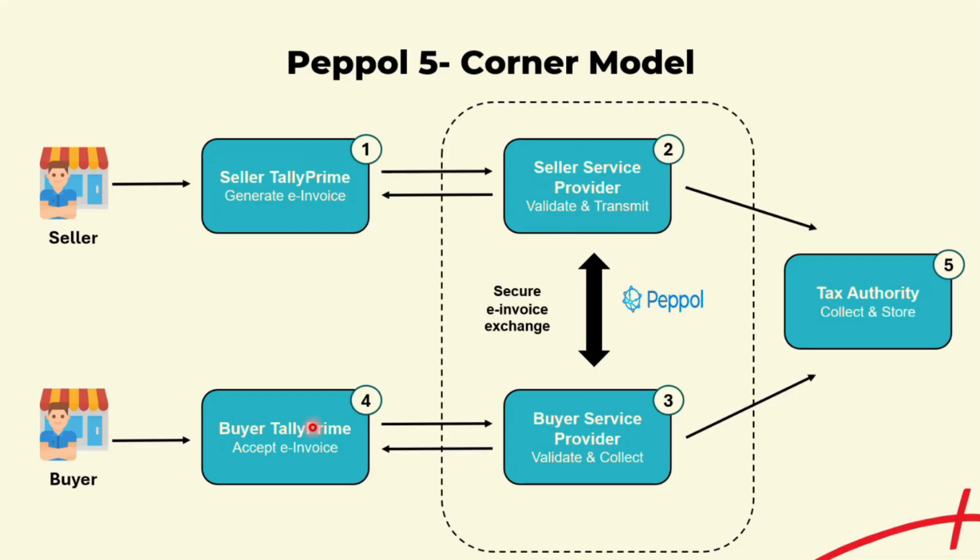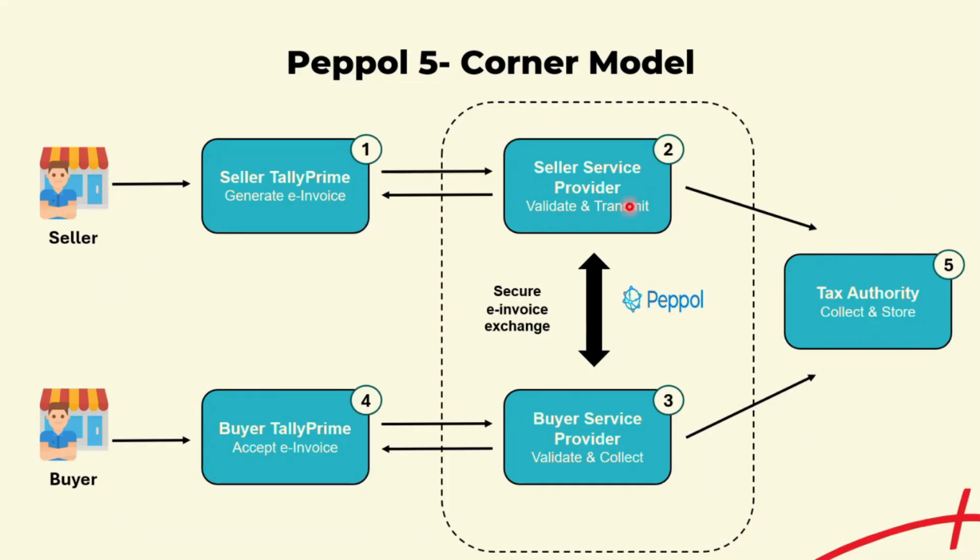Let's say they are using Tally. Then that invoice will appear in their system automatically. Then it is the customer's choice whether to accept or reject the invoice. Let's say he's fine with the content of the invoice, he accepts. Then finally, the entire cycle gets closed by reporting it to the Federal Tax Authority, which is corner 5.